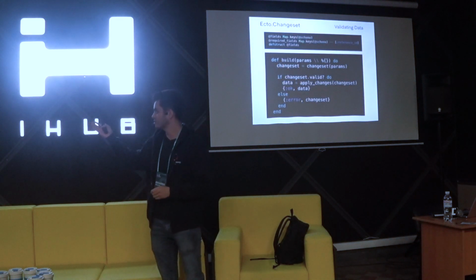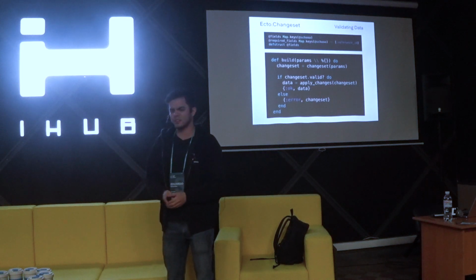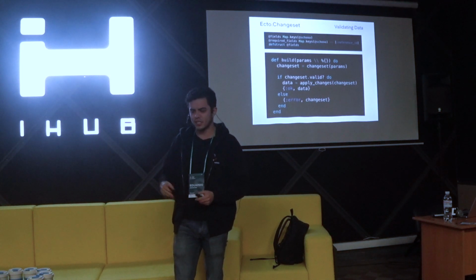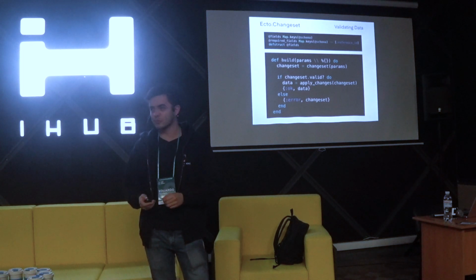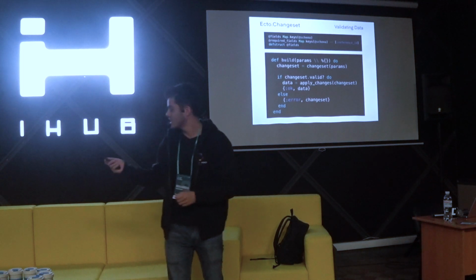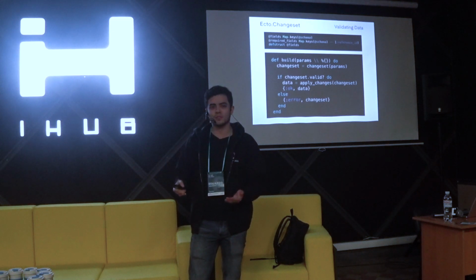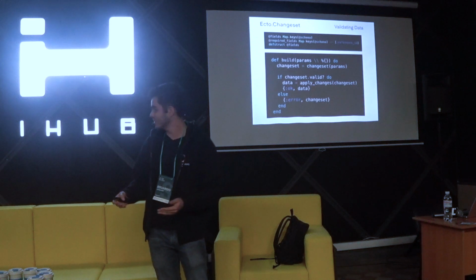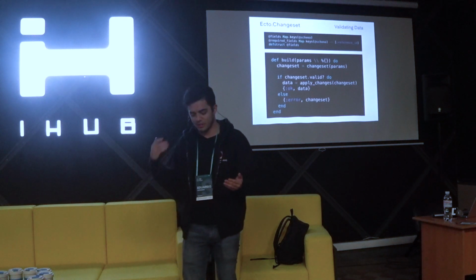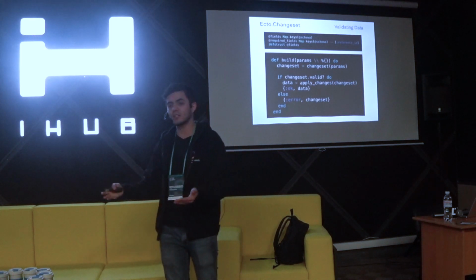It's very simple. I haven't dived very deep into the Ecto source code, but it probably looks something like this. You have a function. You have your params that come from the client. Then you call a changeset function, and then you see, okay, is my changeset valid? Is my data valid?